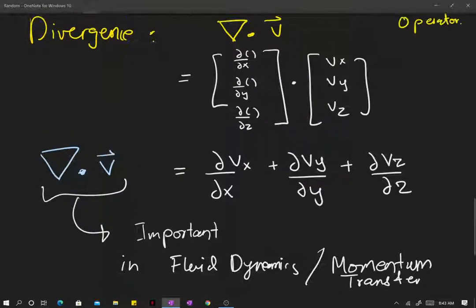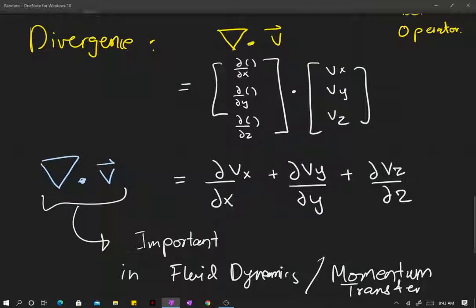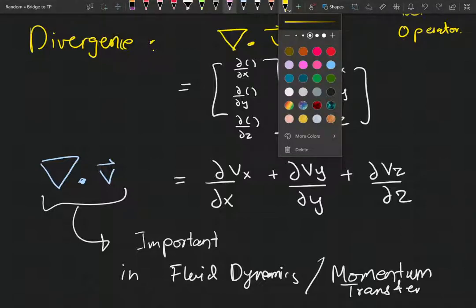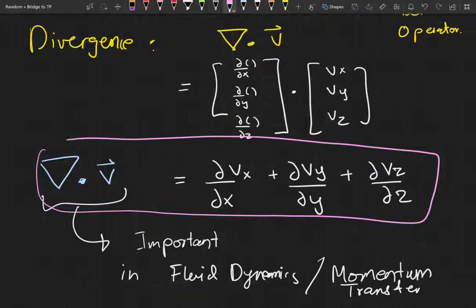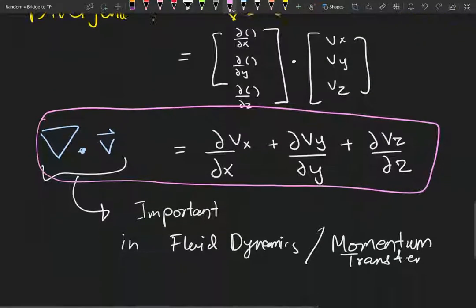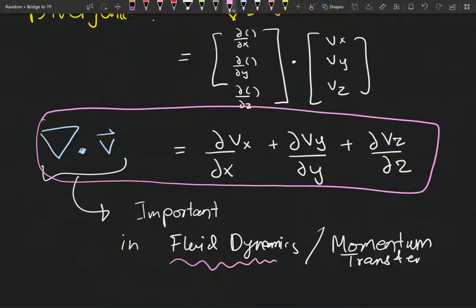The computation, as you can see here, shows you how to use this symbol, how you're going to be applying it to a given vector field. This is going to be very important in our discussion of fluid dynamics and momentum transfer.